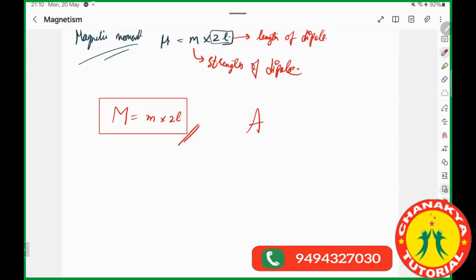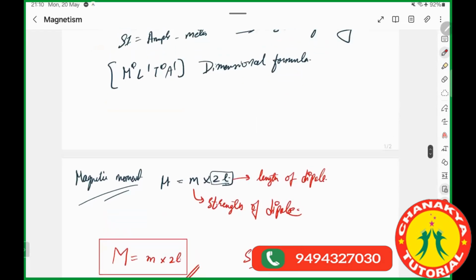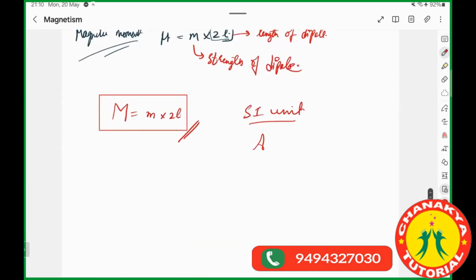Ampere. So the unit of M is ampere meter, and again meter, so ampere meter square. So the dimension will be M0 L2 I1, or A1 T0.